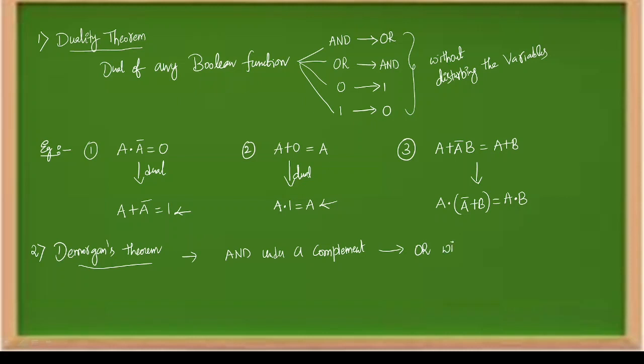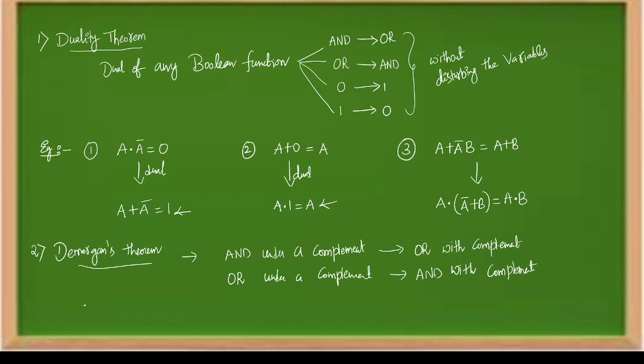You need to apply the complement to the variables as it is, but replace AND with OR. Similarly, if you have an OR operation under a complement, you need to replace that OR with an AND operation, and apply the complement to each and every variable. This is nothing but De Morgan's theorem.